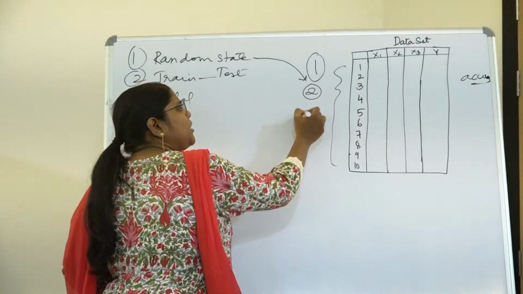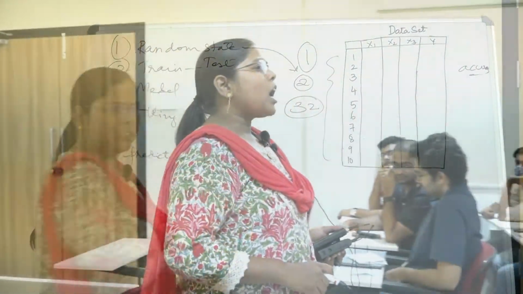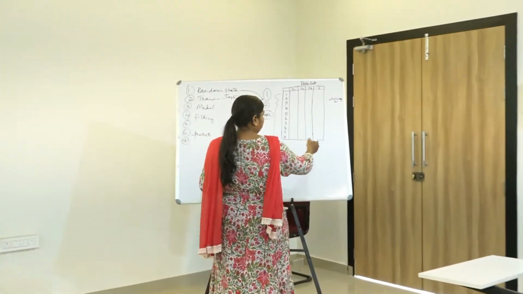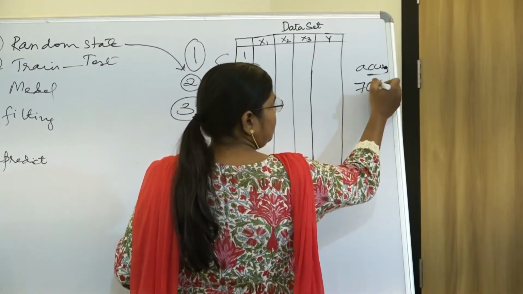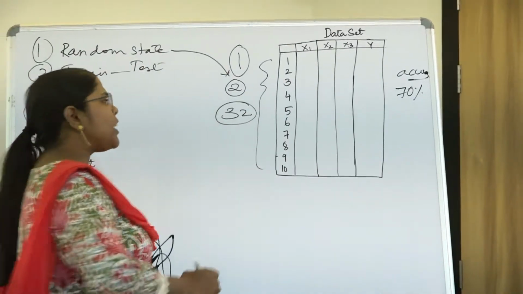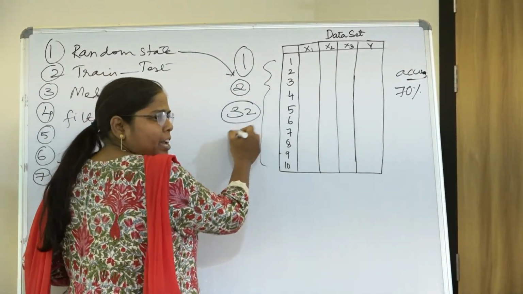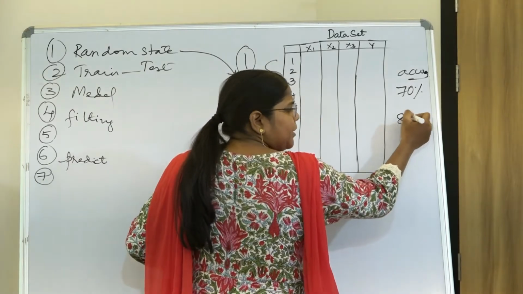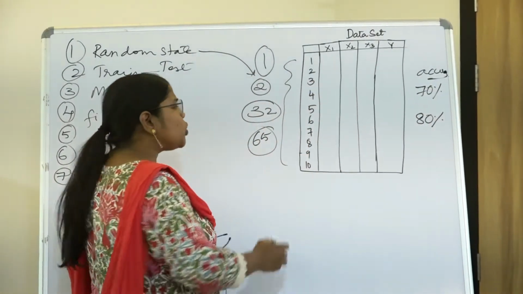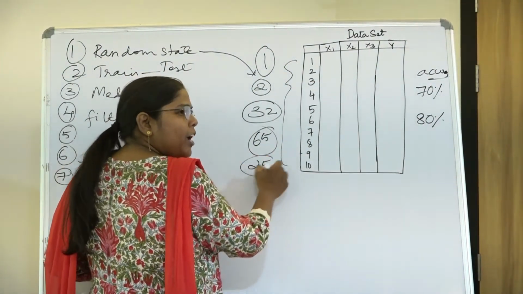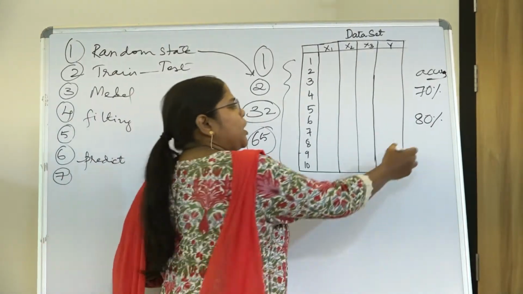When I have done 32 experiments, I got some accuracy of 70%. When I select random state of 65, I got 80%. If I choose 25 experiments, I may get 95.